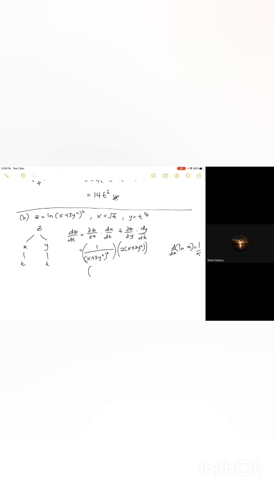The x plus 3y squared with respect to x. So yang akan dapat 1, 3y kuasa 2 tu dah jadi kosong lah sebab dia constant. Darab, differentiate x respect to t. So 1 over 2 t to the negative 1 over 2. Tambah z respect to y. So sekali lagi ln dahulu.